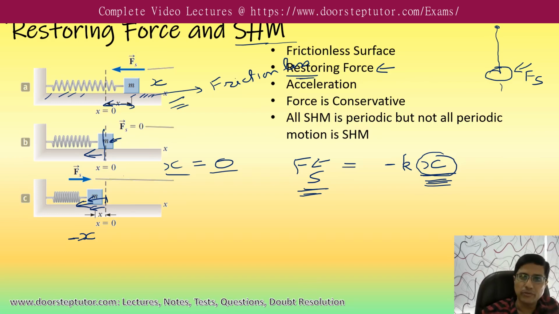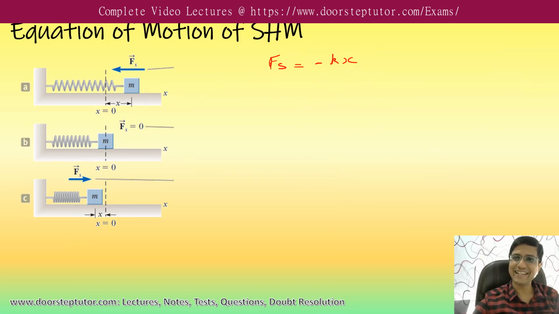Okay, so as we have seen, this is the basic equation of a restoring force in the case of an SHM. And what this tells us is that the restoring force is always directed opposite to that of the displacement. So if my displacement is in plus x direction, okay, so this is x equal to 0, this is the plus side and this is the minus side if you consider the coordinate system.